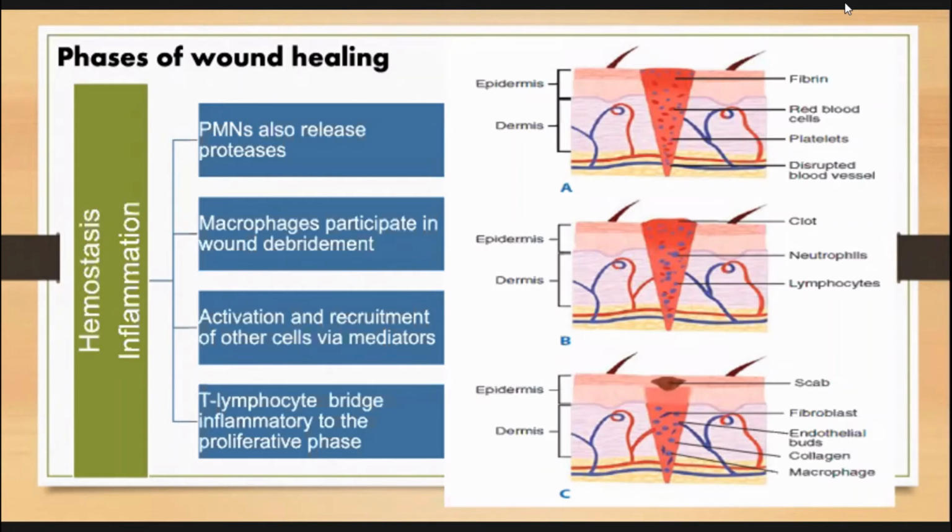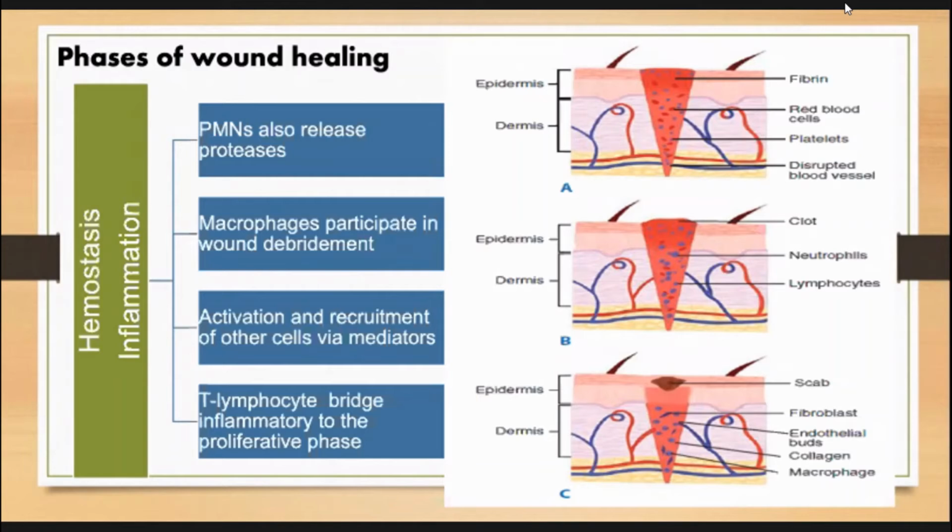The macrophages' most pivotal function is activation and recruitment of other cells via mediators, cytokines and growth factors, as well as directly by cell-to-cell interaction and by intercellular adhesions, or ICAM. They do this by releasing such mediators as TGF-beta, vascular endothelial growth factors, insulin-like growth factor, and so on, as you can see there.